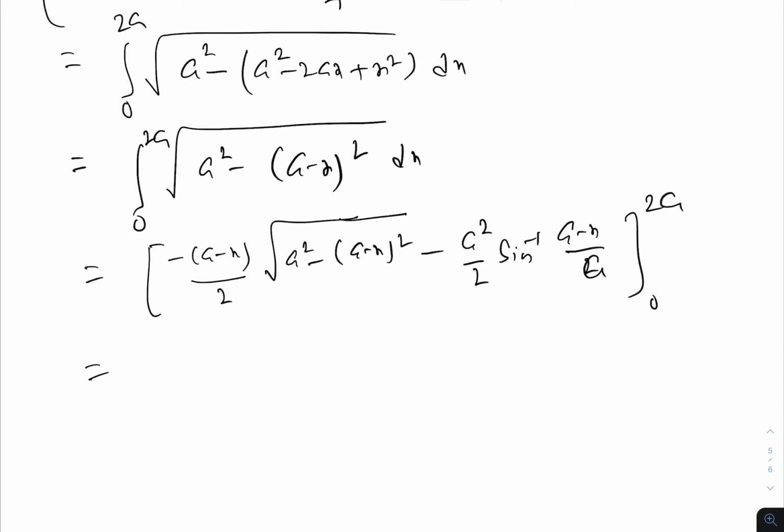And see, this will be 0 even when we put 2a here, or when we put 0 here, this whole part is 0 in upper as well as in lower limit.